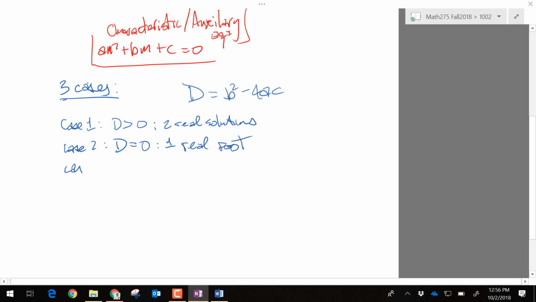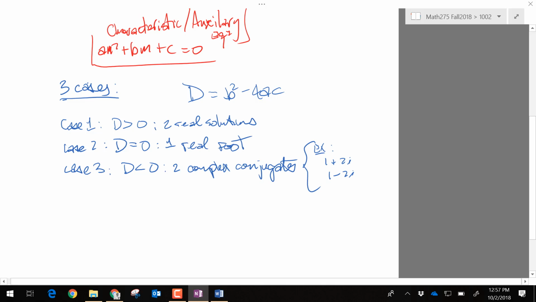And then the last case is that if it's negative, you get a negative under a square root that gives you some complex numbers. You get 2 complex roots. A complex conjugate pair is a pair of numbers that have the same real part and the same imaginary part, except the imaginary part is negative. An example would be 1 plus 2i and 1 minus 2i.